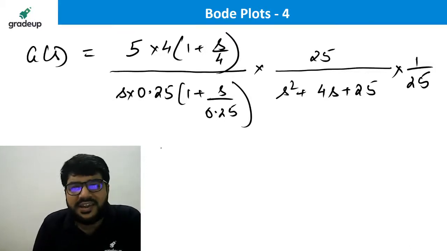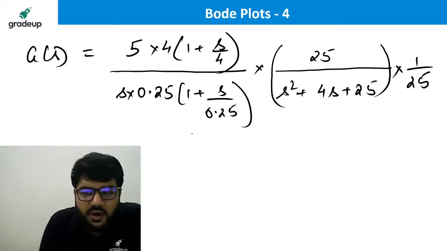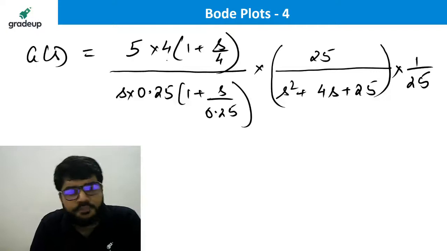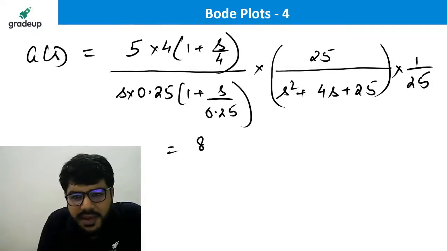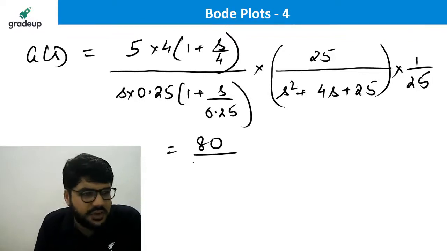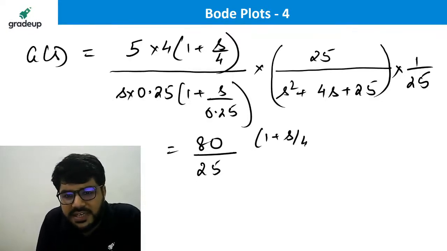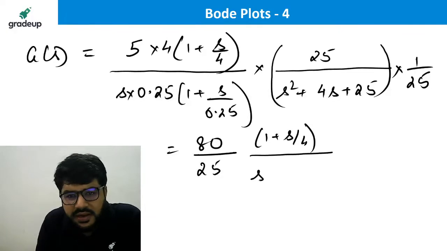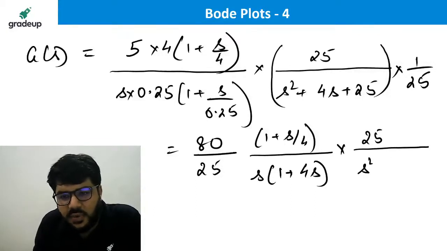So now look at the constants, whatever. This has to be combined into one term. So what are the constants coming up, guys? 5 into 4 is 20. 20 divided by 0.25, that is 80. So this is coming up as 80, the constant from the first term, divided by 25, this 25, into 1 plus s by 4 divided by s, 1 plus 4s, into 25 divided by s square plus 4s plus 25.